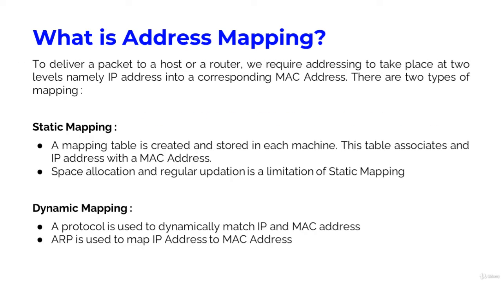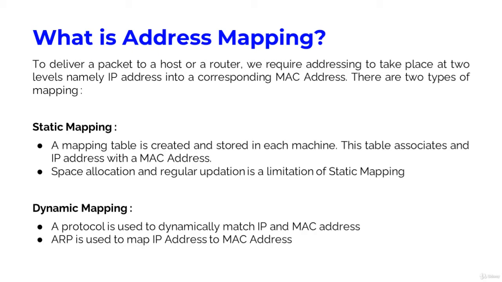Static mapping has some limitations because physical addresses may change in the following ways. A machine could change its NIC card, which results in a new MAC address. Or in some LANs, such as LocalTalk, the MAC address changes every now and then. So to implement these changes, a static mapping table must be updated periodically, and this is a tedious task.